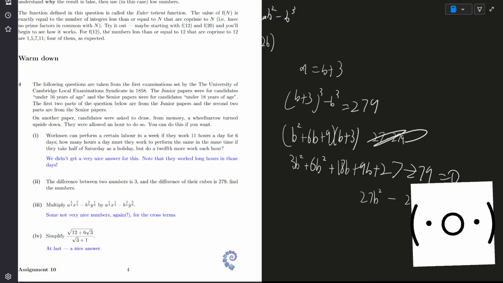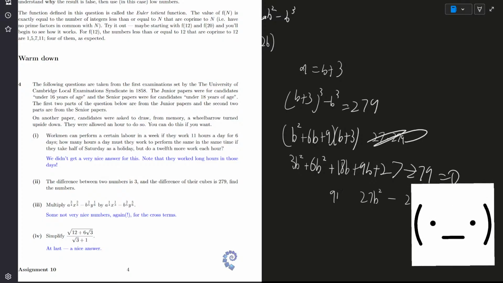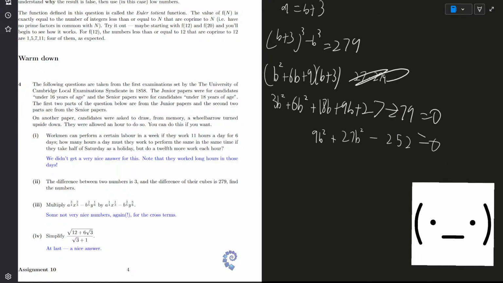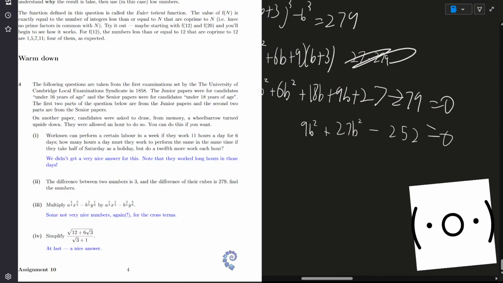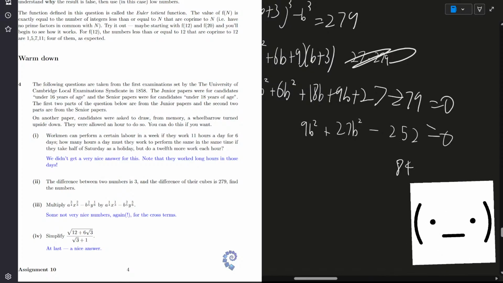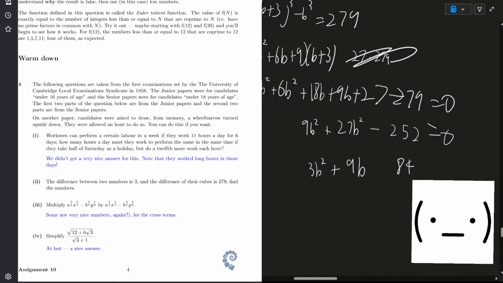minus 2, 6. Yep. So now we got our answers. This is all divisible by 3. What's the way to do it? Right. Okay, this is annoying.